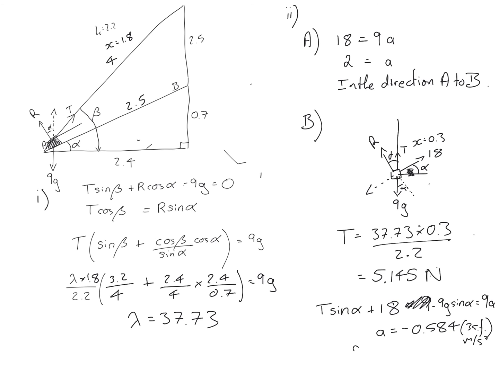So the magnitude of the acceleration A is 0.584 in the B to A direction.